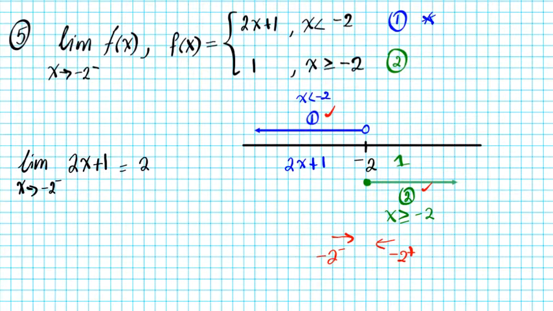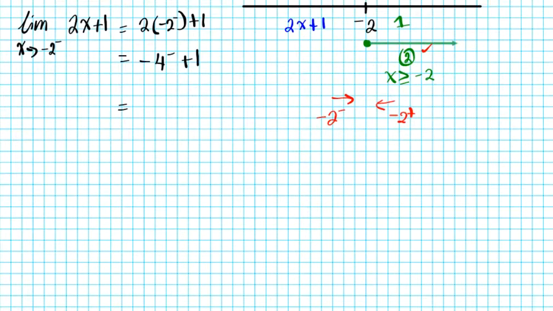You have 2 times negative 2 from the left plus 1. When you double negative 2 from the left, the sign and the direction remain the same, so it's simply going to be negative 4 from the left plus 1. Alright, so negative 4 from the left, let's visualize that with a number line real quick.